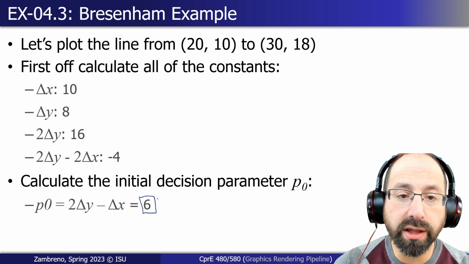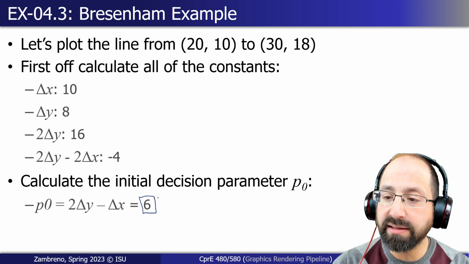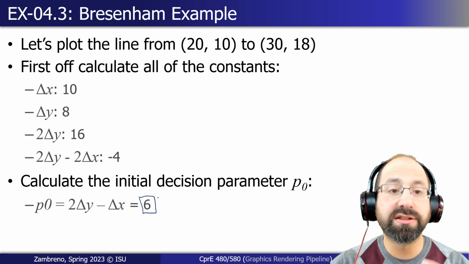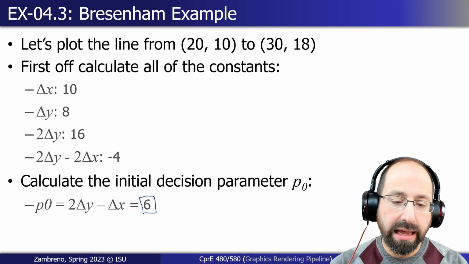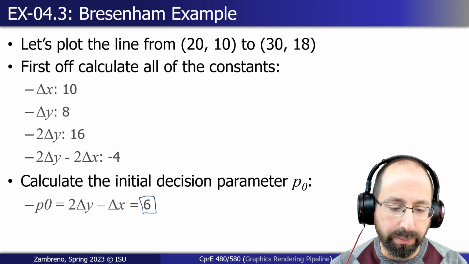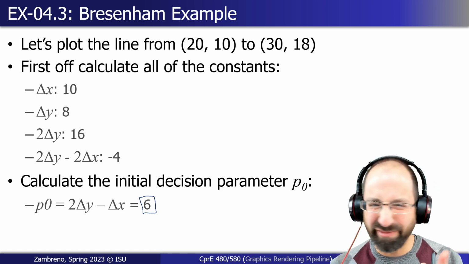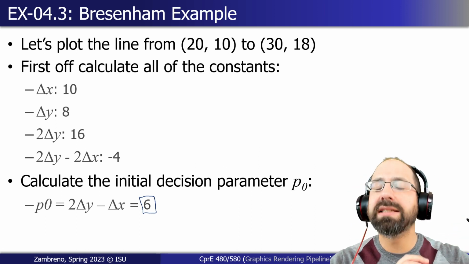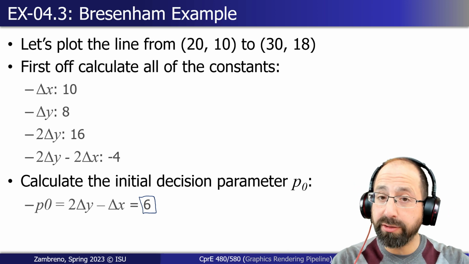So we're going to start where we determine the sign of that decision parameter, and that lets us determine whether we should go up or down. Until you've done it a couple of times, I think it's relatively easy to get it kind of backwards, but it's d lower minus d upper. So if we get a positive value for that sign, that means d lower was greater than d upper.